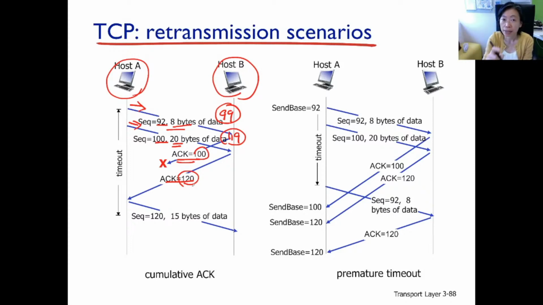In this scenario, we are trying to demonstrate the strengths of using cumulative ACK. If the ACK for one of the earlier back-to-back packets is lost, but as long as a later one arrives, because 120 here is saying, you know what, all the packets before this sequence number are acknowledged, whether you receive an ACK packet for an earlier sequence or not.